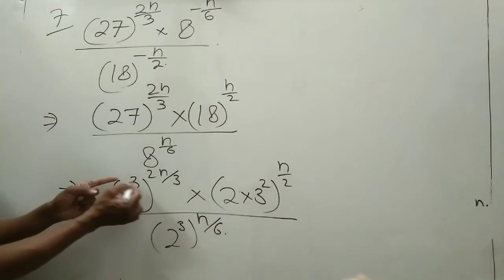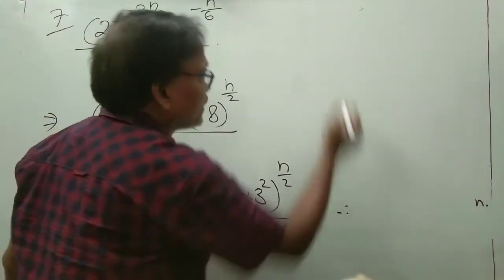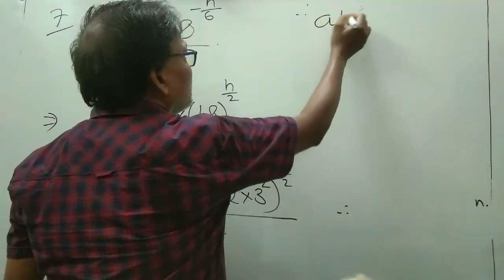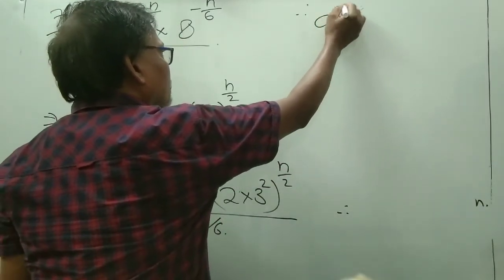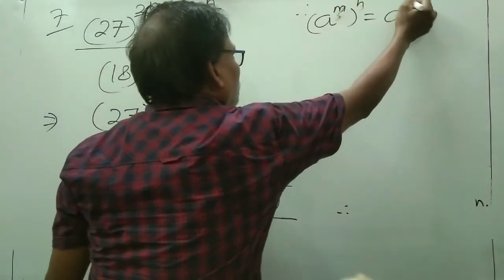Now multiply the powers using which rule? a to the power m whole to the power n is equal to a to the power mn.